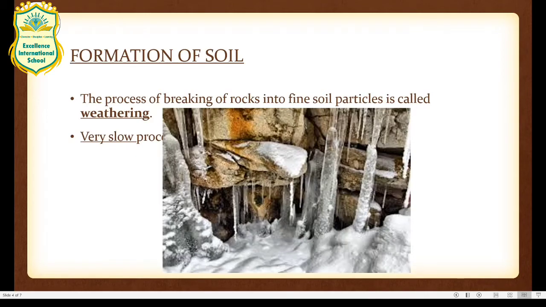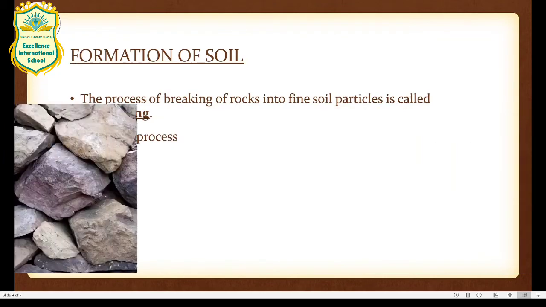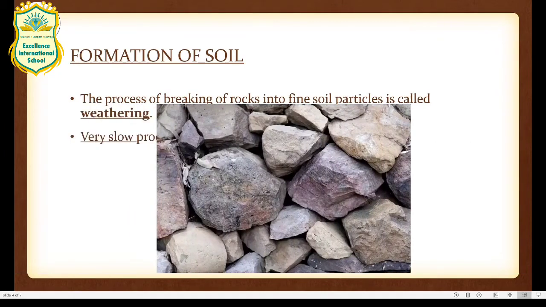So the water will freeze and expand, and then it will again contract when it's summer season or when it's a little bit sunny, not so chill. And this expansion and contraction again and again will cause the rocks to break down. This is weathering. So see, initially they were big rocks, okay?